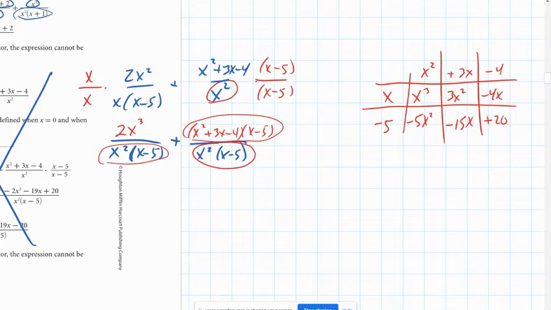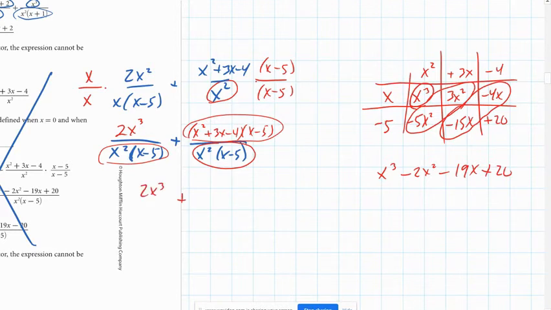And so when we add those, we get x cubed. Add these together, that's minus 2x squared. Add these together, that's minus 19x, and then plus 20. Okay, so that means we're adding 2x cubed. Let's put it all over one denominator.